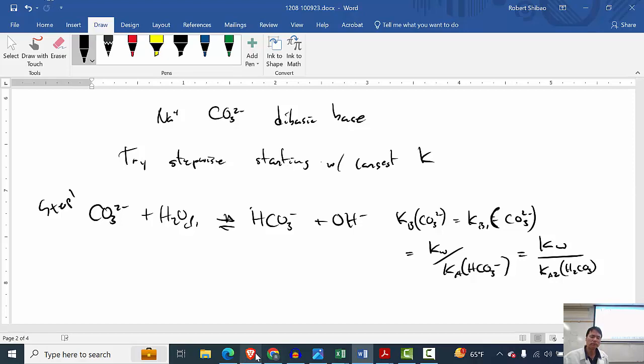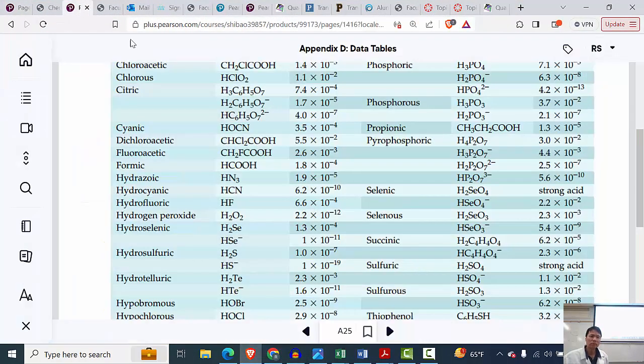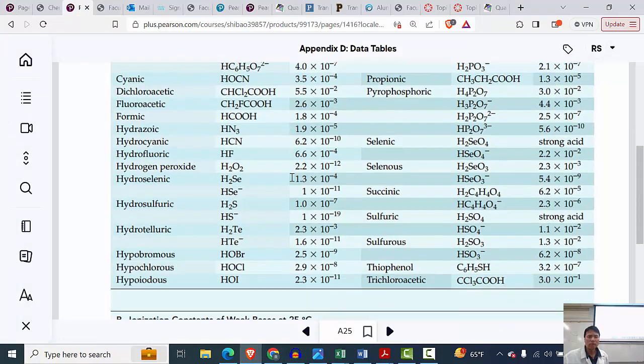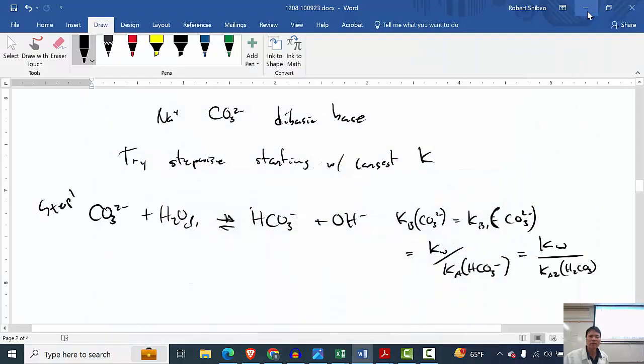And what we see is we see both. Here's Ka1 for carbonic acid, 4.4 times 10 to the minus 7. Here's Ka2 for carbonic acid, 4.7 times 10 to the minus 11. Ka2 for carbonic acid is the same thing as Ka for bicarbonate, 4.7 times 10 to the minus 11.